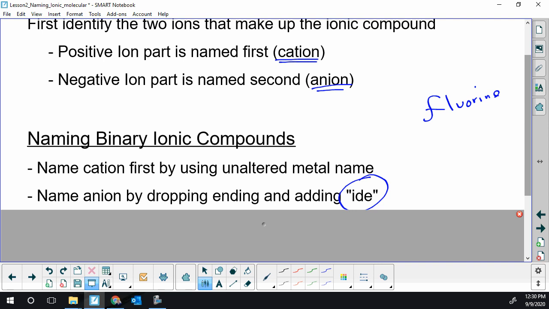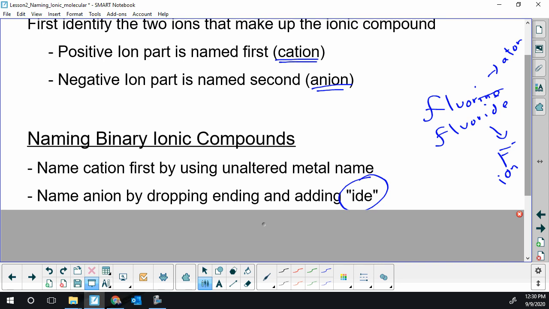Fluorine is going to be the atom, exactly as in the table. When I drop the ending and add "-ide", now I'm talking about F-, the ion.